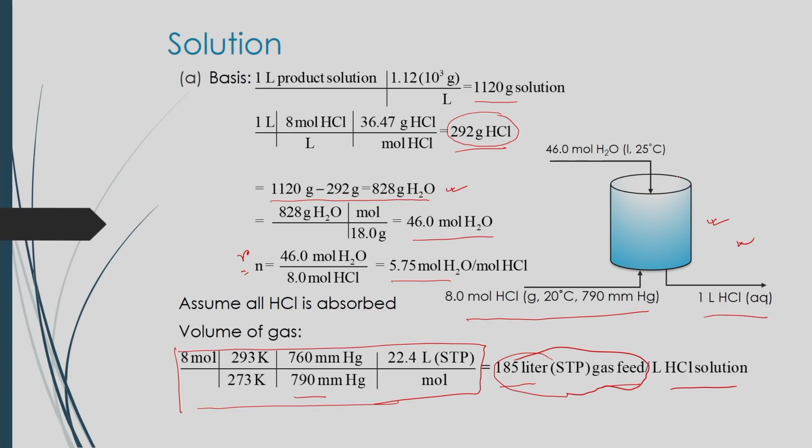So, finally, you will see this amount of aqueous solution of hydrochloric acid is to be made if you absorb this hydrochloric gas at 20 degrees Celsius and 790 millimeters of mercury, from this initial solution of 46.0 moles of water. So, accordingly, this water will be absorbing some hydrochloric acid gas, and finally, you will see that 1 liter of hydrochloric acid is to be made.